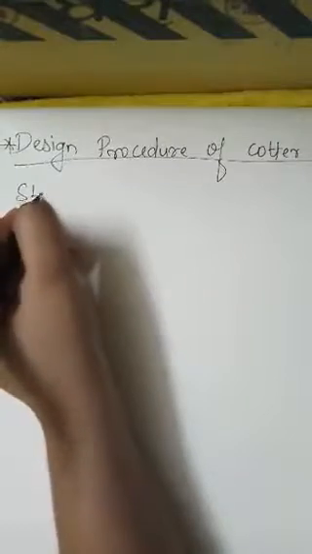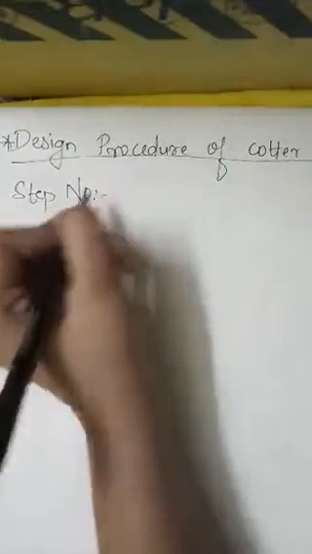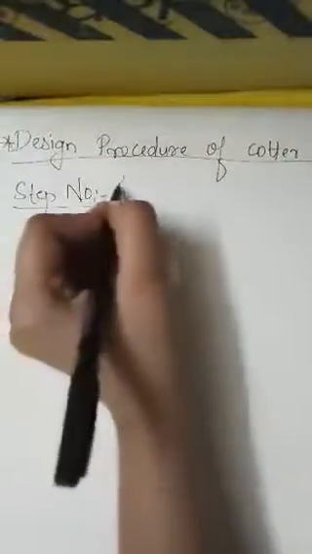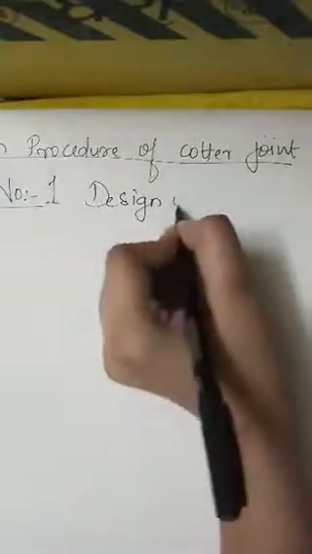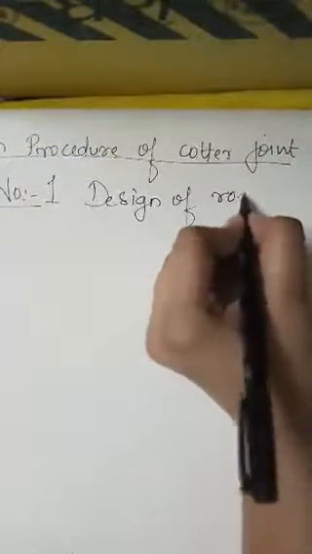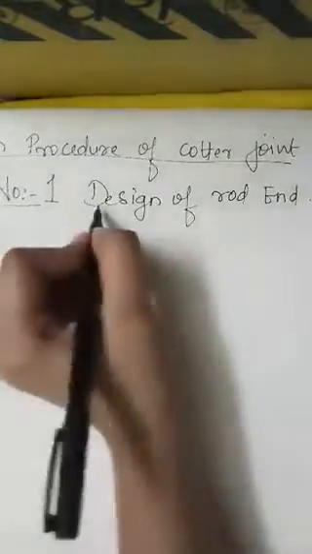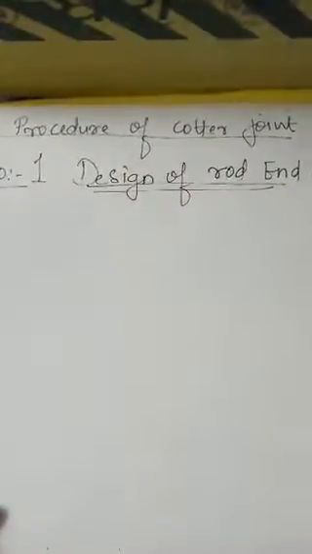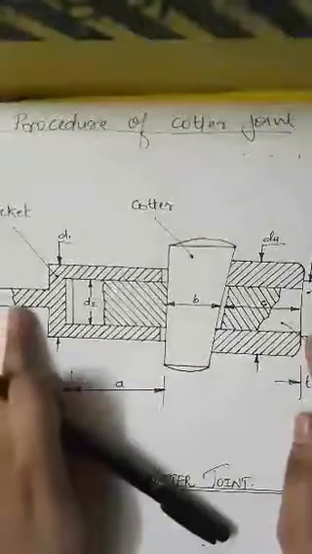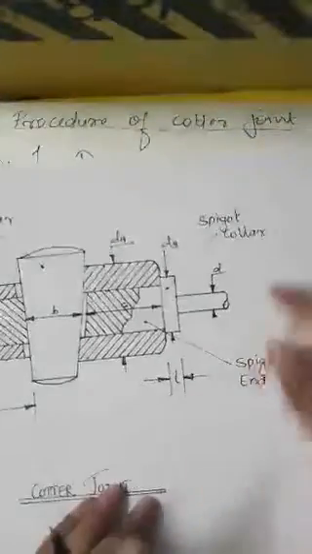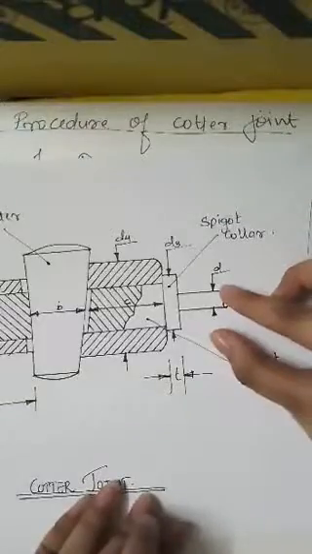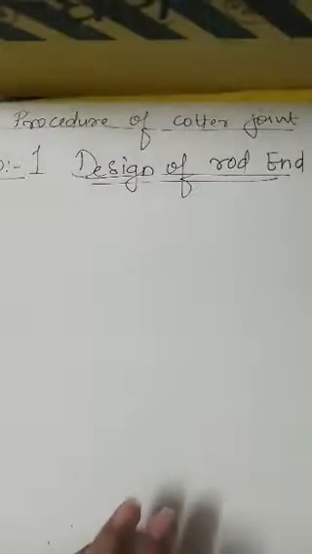First thing, for step number 1, we will design the rod end. Now design of rod end is basically the design of these two rod ends. We will find out its diameter for the applied loading. Now let's start with the design procedure.